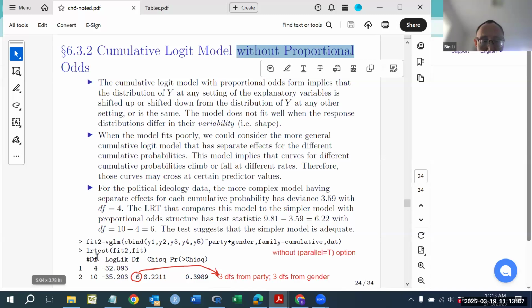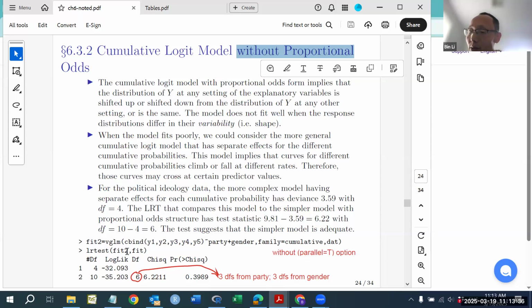proportional odds. Okay, so then we can compare if the proportional odds assumption is reasonable or not. We can compare these two models, with and without proportional odds, to see if they are significantly different. If there's no significant difference, then we say assuming the proportional odds is good. Why?